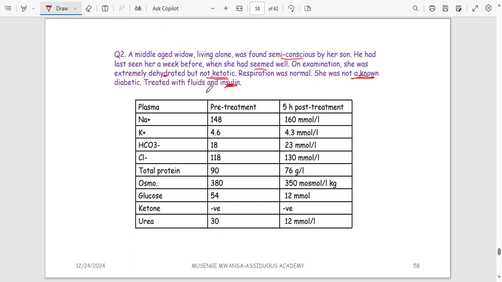So what complication is this? Yes, so there is a hyperglycemic hyperosmolar coma, or hyperglycemic non-ketotic coma.